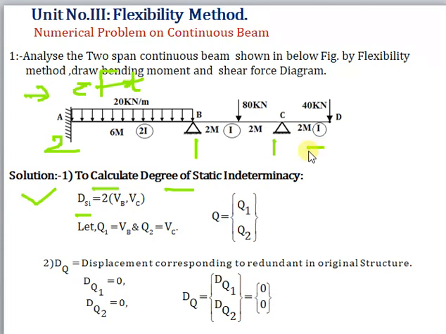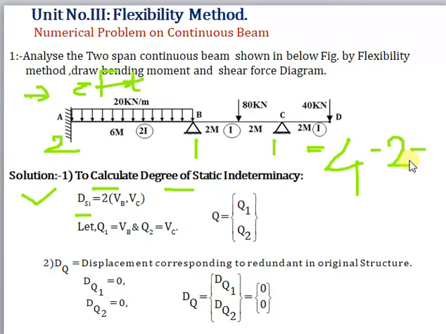So total reactions are equal to 4, and the equilibrium equations we have are 2. Again I repeat, neglect summation Fx equal to 0, only consider 2 equilibrium equations: one is summation Fy equal to 0, and the second is moment about any point equal to 0.